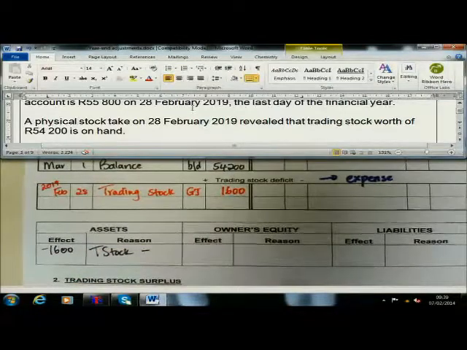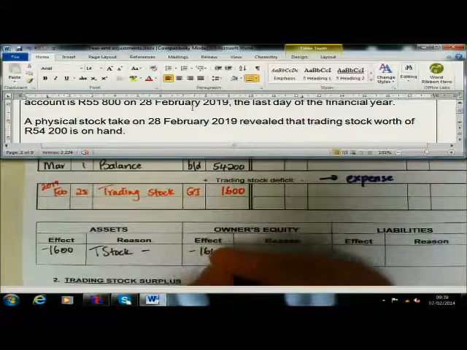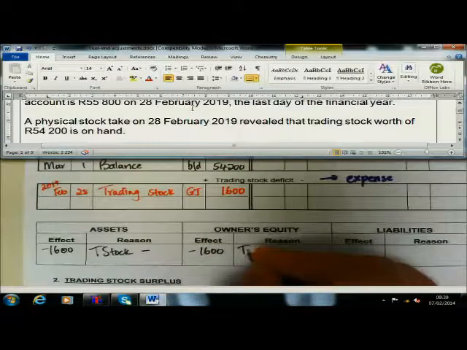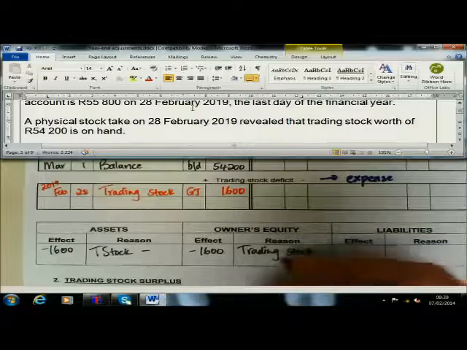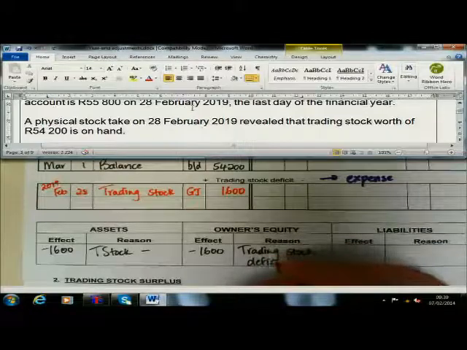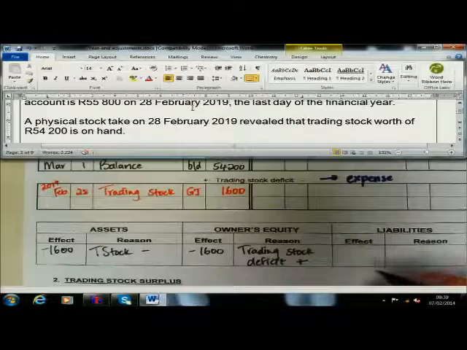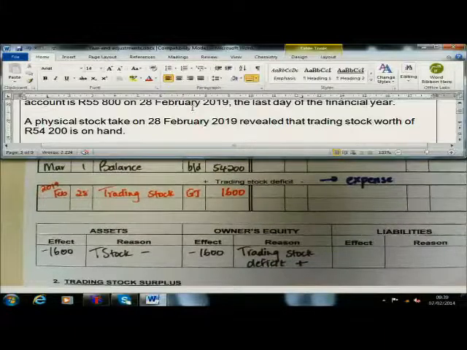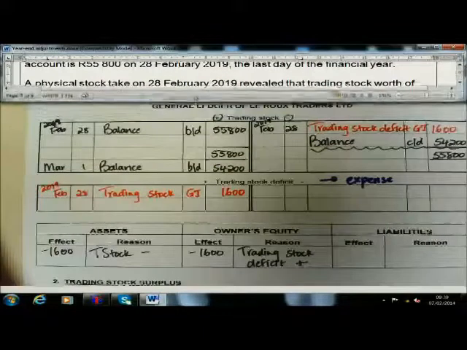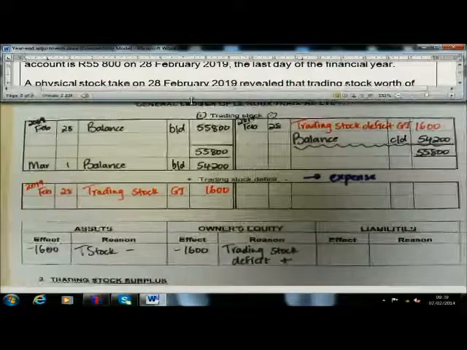And owner's equity is minus 1,600 because that trading stock deficit became more expenses, and the more expenses, the less your owner's equity, and that is basically your trading stock deficit adjustment.